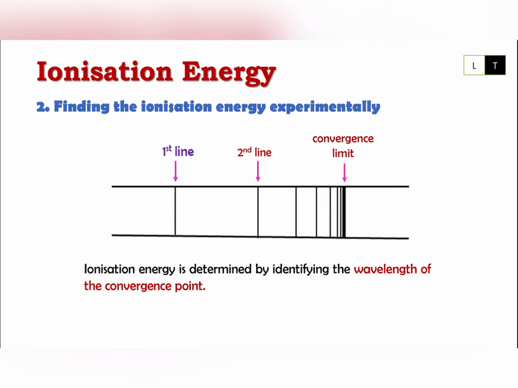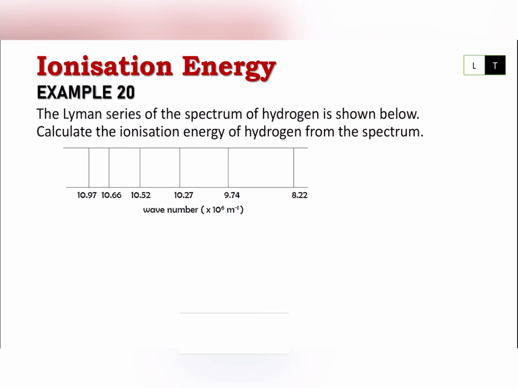So let's try example 20, to calculate the ionization energy for the hydrogen atom when you have it in terms of a spectrum. This is the diagram for your line spectrum. You have to take note that this line spectrum is in wave number. Wave number is 1 over lambda. Now we are going to determine where our first line is.